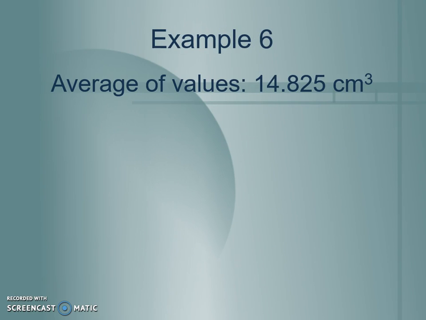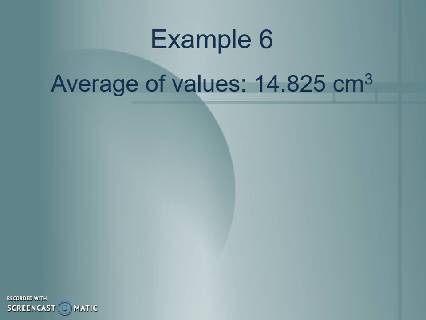So for example 6, it says Suzanne is asked to determine the volume of a cylinder. Using water displacement, she arrives at an answer of 15.64 centimeters cubed. Then she measures the cylinder's dimensions and calculates a volume of 14.01 centimeters cubed.